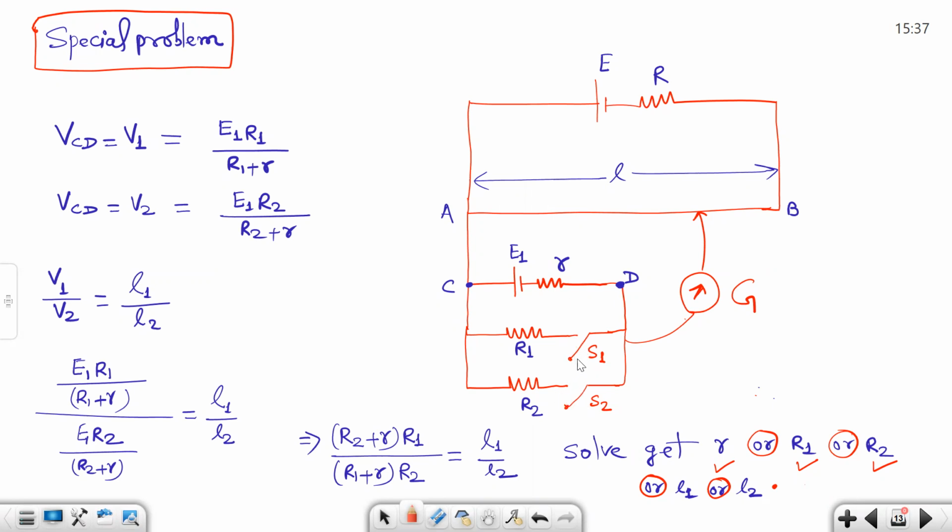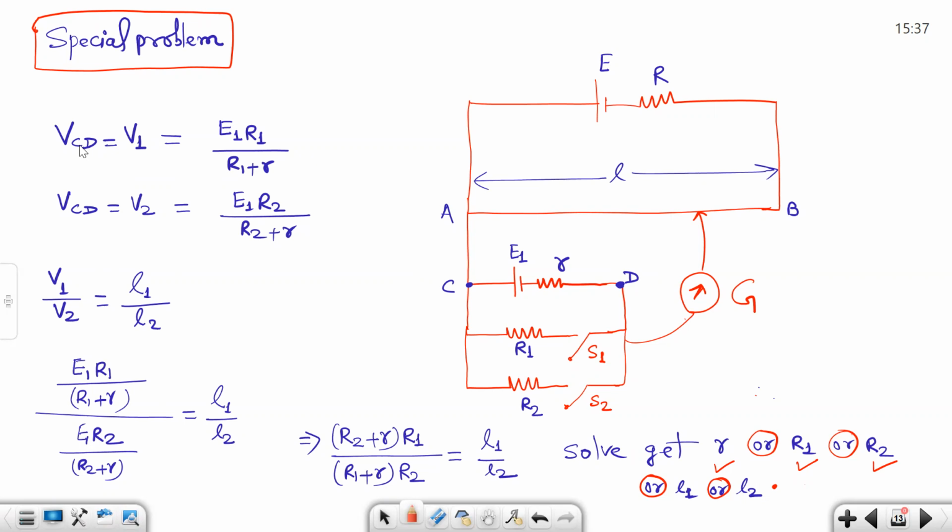Now suppose we close switch S1, and then we measure the potential difference across CD. Suppose that is VCD, and that is V1, and the corresponding deflection you have to find from the galvanometer.